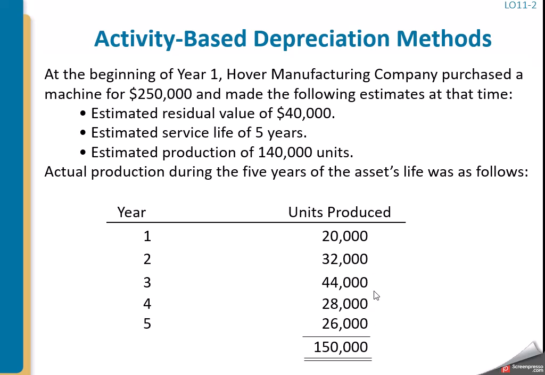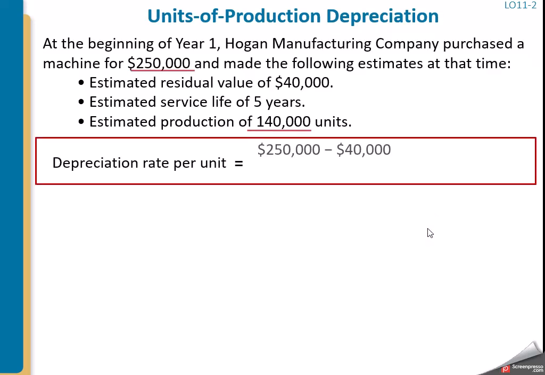So the more they produce, that means the more you ran that machine, so the more depreciation expense is going to be taken. So you take the total estimated production of 140,000 units, and you divide that into that depreciable base. So the 250,000 minus the 40,000, or the 210, divided by 140,000 units gives us $1.50 per unit.